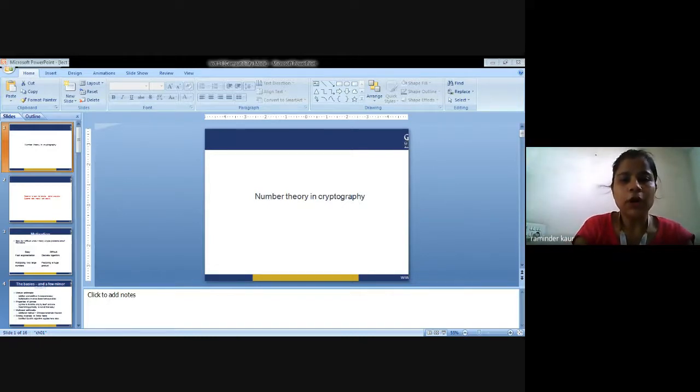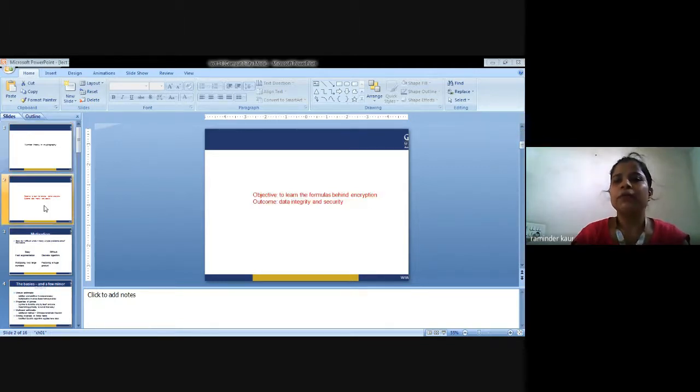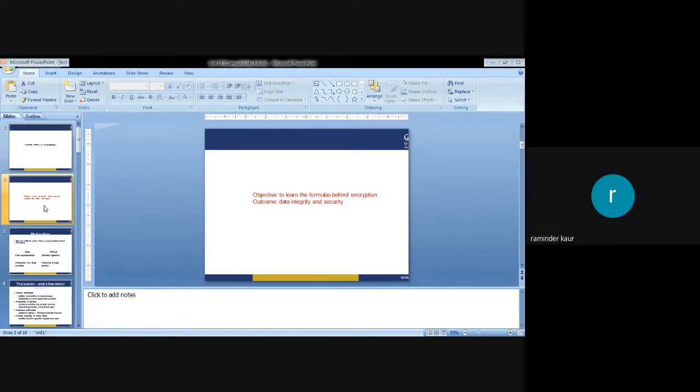First of all, I'm going to discuss the objective behind the same, so that we can learn the formulas behind the encryption. So what are the formulas that are being used? It is according to the mathematics that you have studied in 12th standard, or in the first or second semester of your BTech, there was a subject called maths, M1 or M2. So you must have studied number theory in the same, like GCD, LCM, how to calculate LCM, how to calculate GCD.